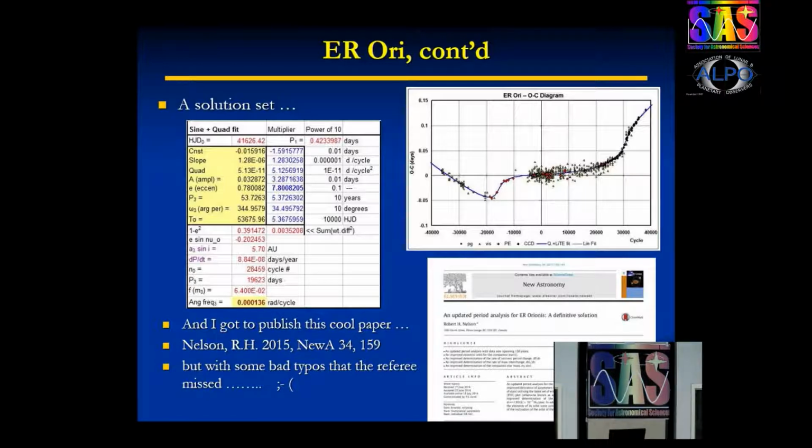It even goes through the middle of these inaccurate visual points, and then it fits everything quite nicely indeed. So I somewhat arrogantly, I may come to regret this, titled the paper a definitive solution. So I may end up with egg on my face if subsequent data prove me kind of wrong.